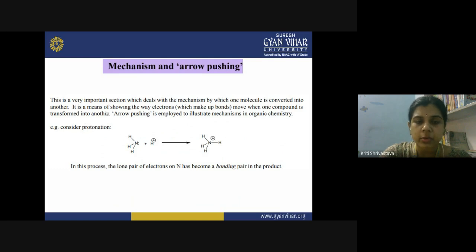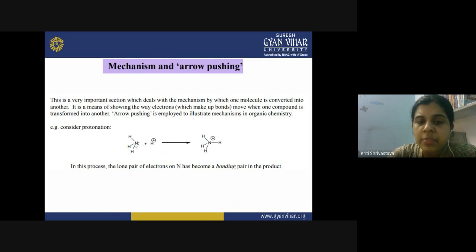What do we mean by the protonation reaction? When we add a proton to a molecule, that is a protonation reaction. The reverse of it is a deprotonation reaction, when you remove a proton from the molecule. So let us consider a very simple case, the protonation of the ammonia molecule. Ammonia has a nitrogen with three hydrogens attached.